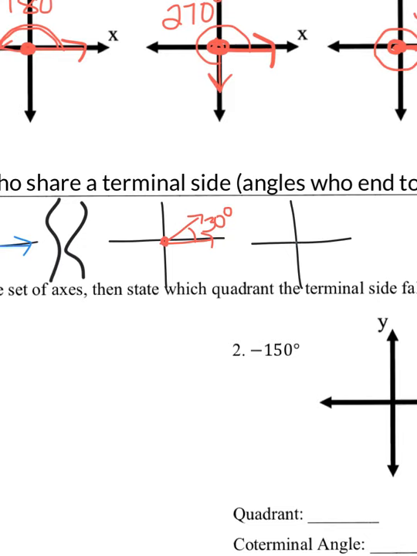This is where you're starting still. This is where you're going to end up. Let's say that you went around the positive direction a full 360 and then you went another 30. So that would be 360 plus 30 is 390 degrees.